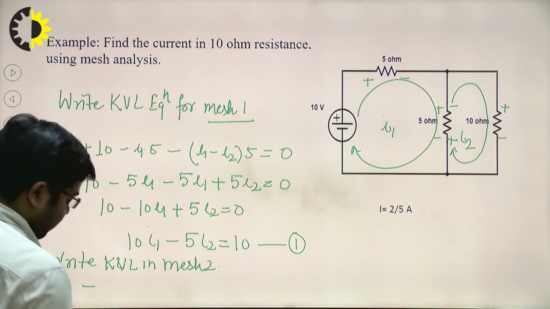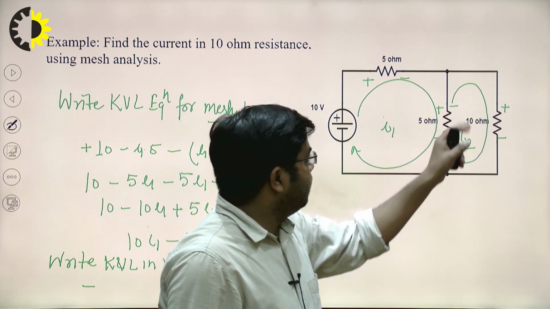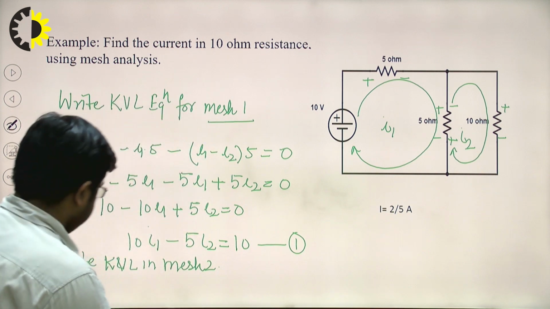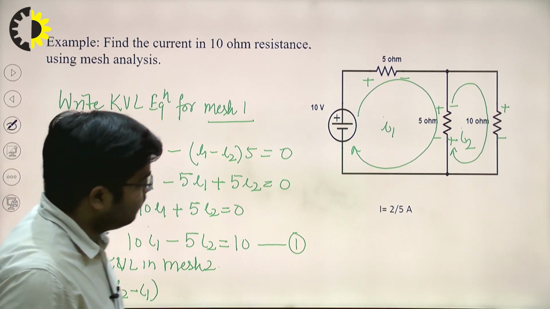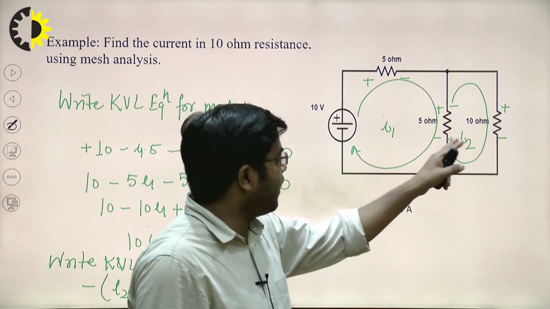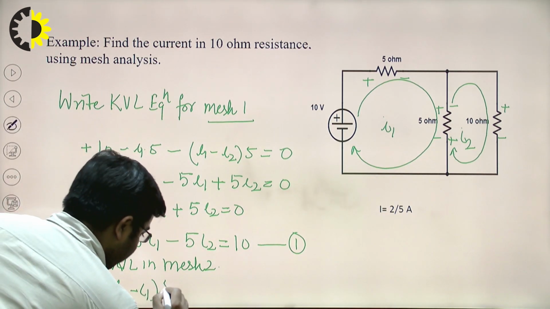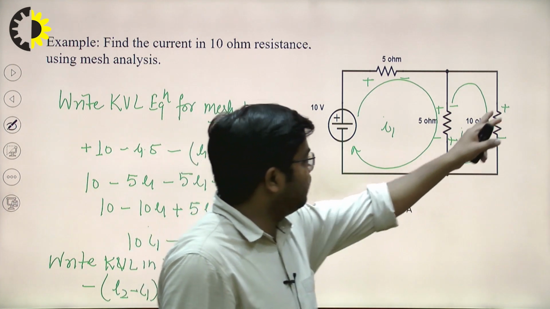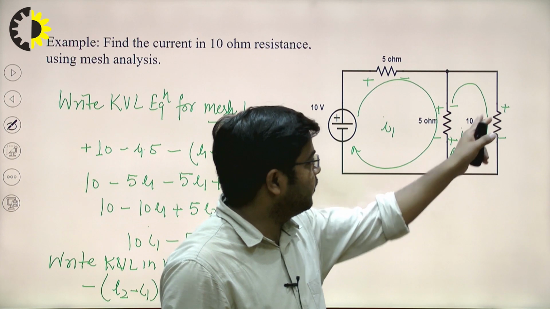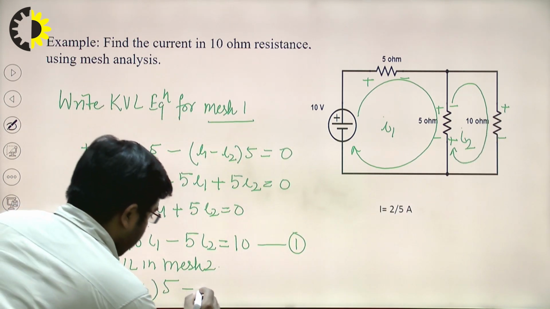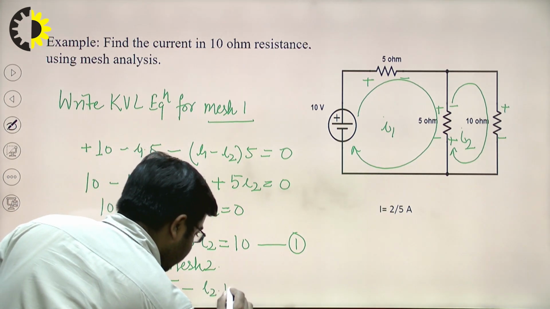So minus, you are going in this direction, I am applying the KVL. So plus to minus, so minus, then write I2 minus I1, because through this resistance both currents I1 and I2 are flowing. So I2 minus I1, into 5, then write minus, so through this 10 ohm resistance I2 current is flowing, so it will be I2 into 10, that is equal to 0.